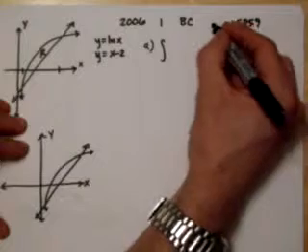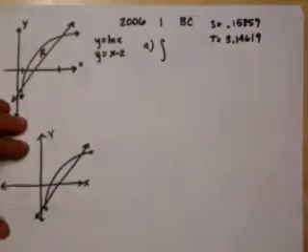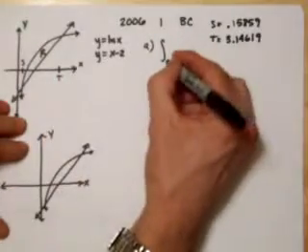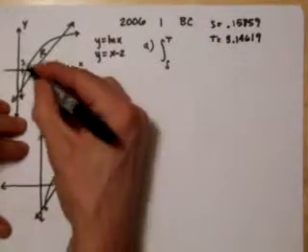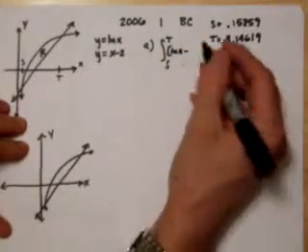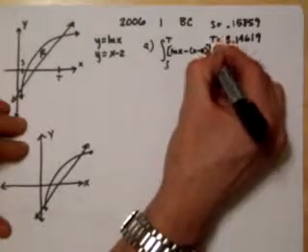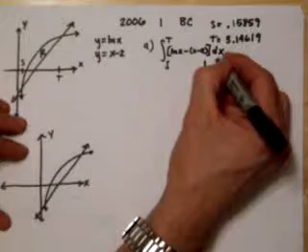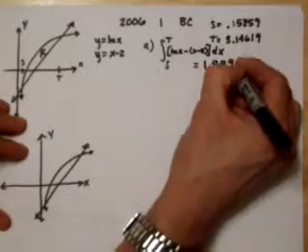Let's call those points S and T. So this is S and this is T. So we're going to integrate from S to T of the function on the top, ln x, minus the function on the bottom, x minus 2, dx. Plug that into your calculator and get 1.949.